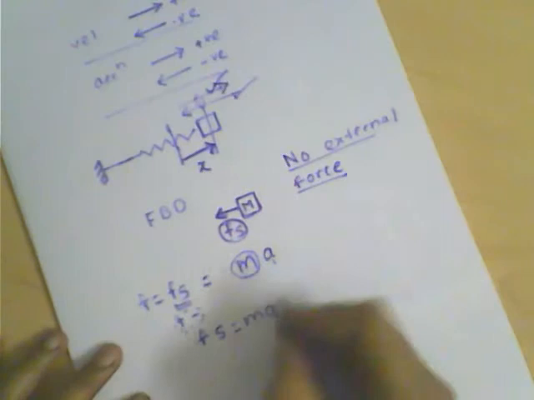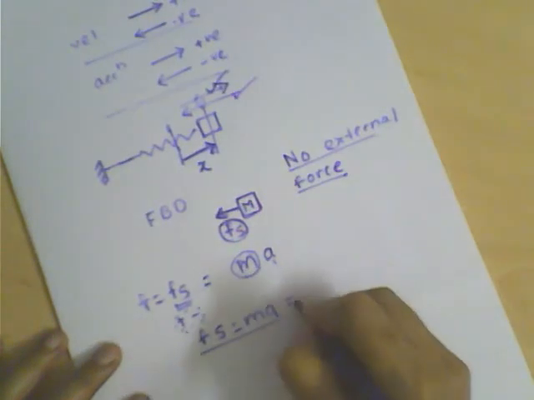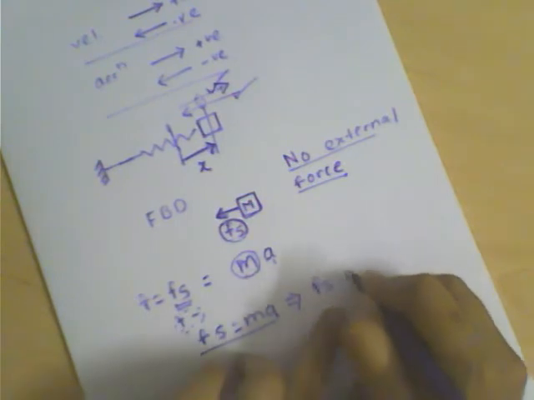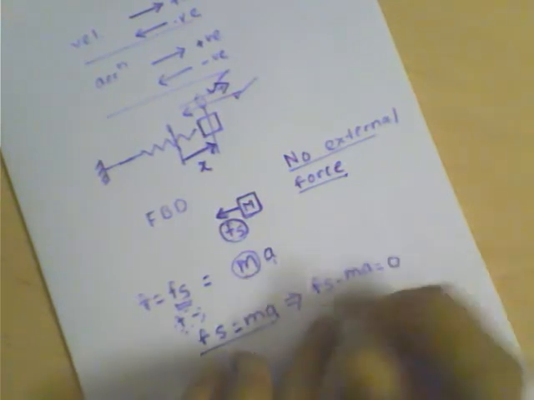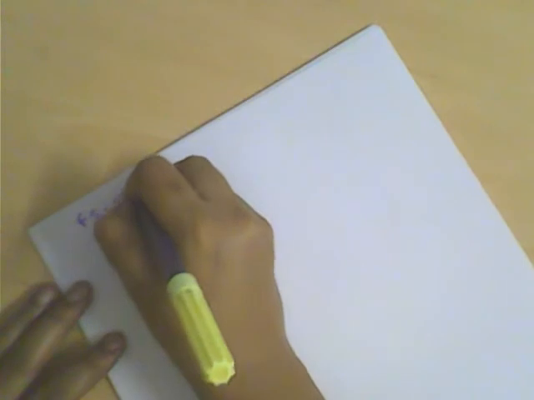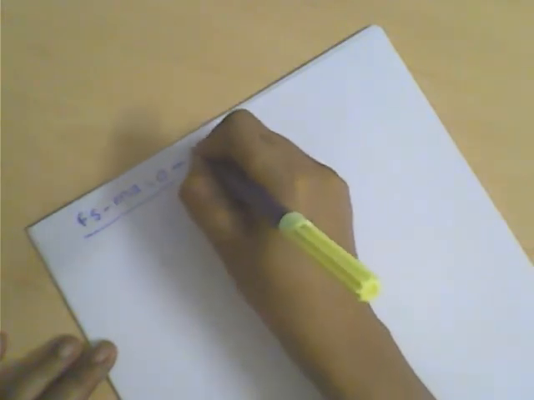Once you know that Fs is equal to ma, you can write this equation as Fs minus ma equal to 0. So what is the equation that we have derived as of now? Fs minus ma equal to 0. Let me say that this is equation number 1.